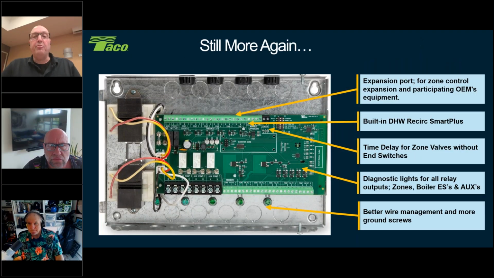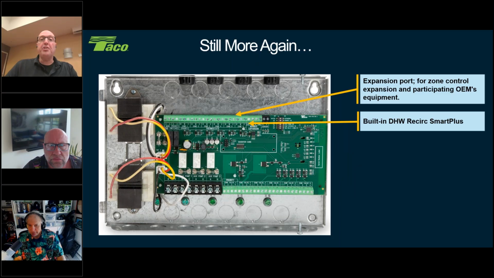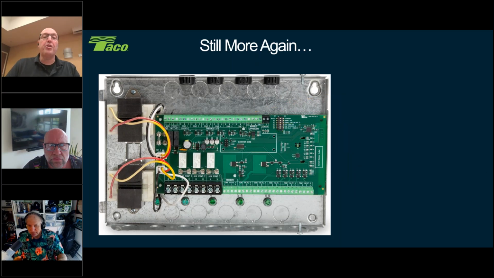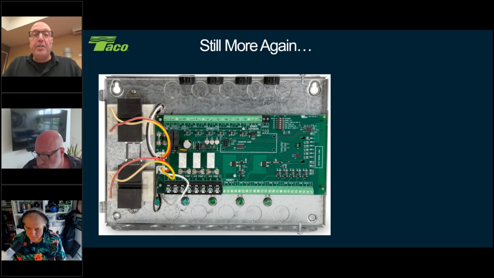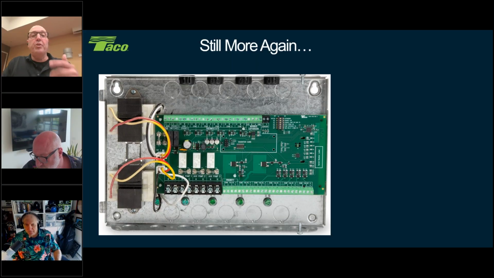All right, so I wanted to go back a few slides just so you can see a picture of the circuit board itself. Here on the circuit board, all the models have the exact same size circuit board that goes in there. It's a manufacturing process is what we did. So for example, this is showing a ZVC 406, meaning you can see 6 zones down here. If you were to order a ZVC 403, these terminals for 4 through 6 would be eliminated.